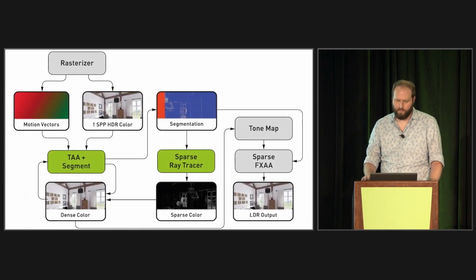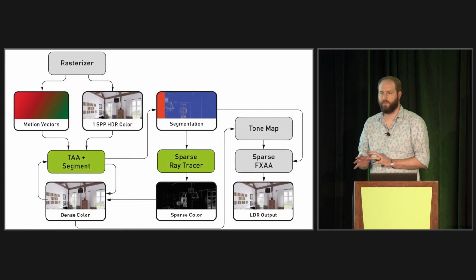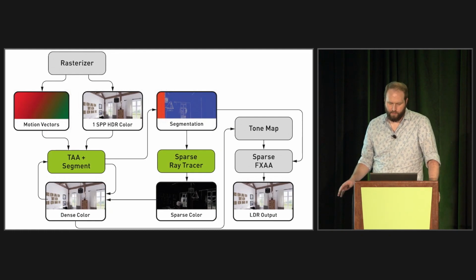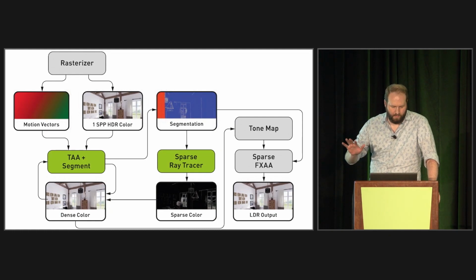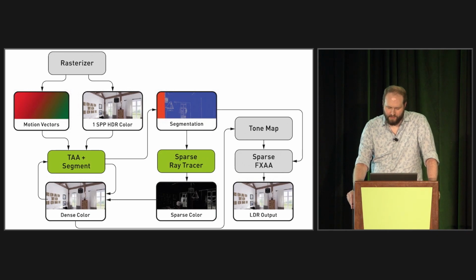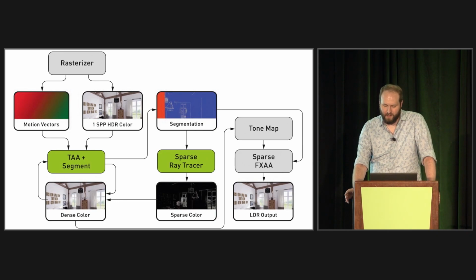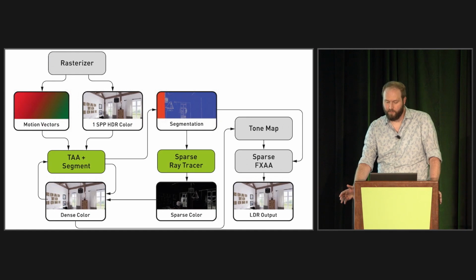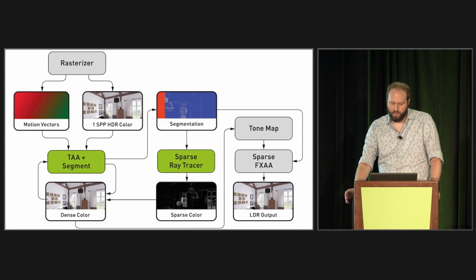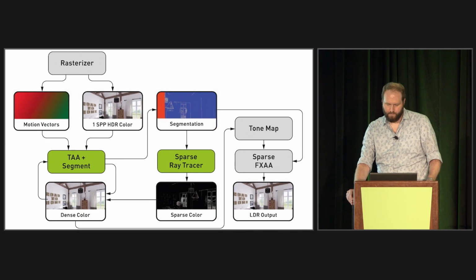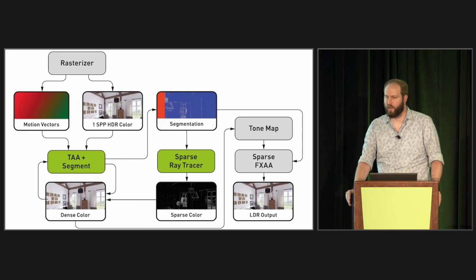To show you a bit of the data flow for our algorithm, let me give you the legend for this. The colored rounded rectangles with visualizations represent data buffers. And then the colored rounded rectangles without the visualizations represent operations on the data, and they're implemented as shader passes.